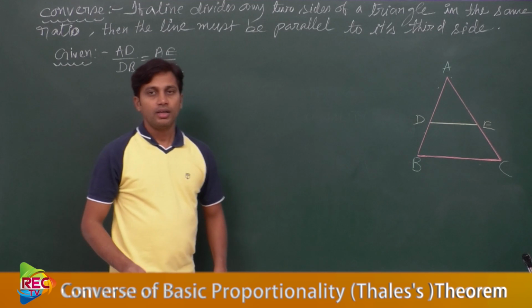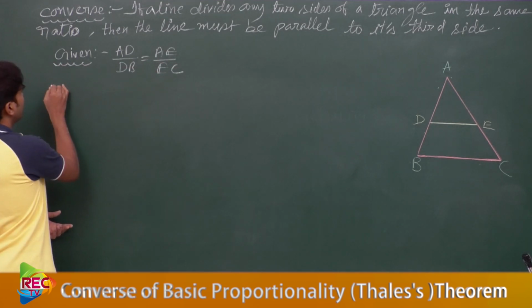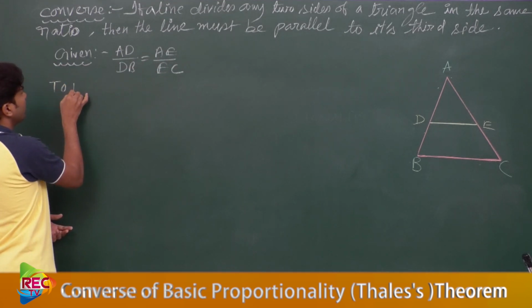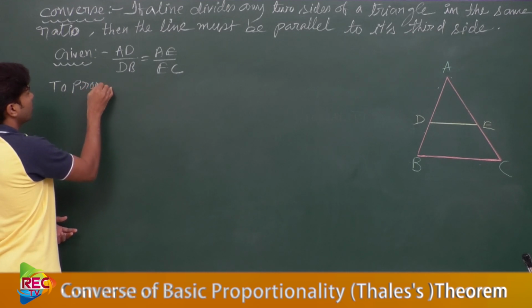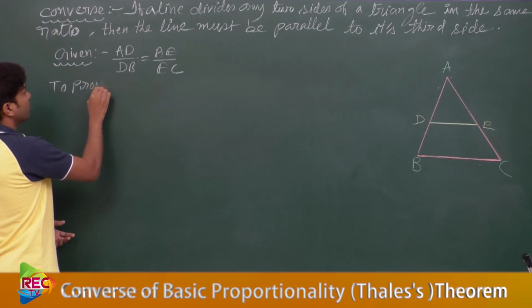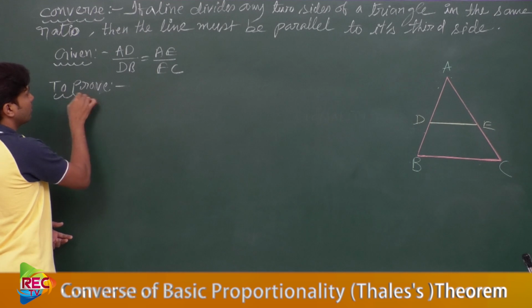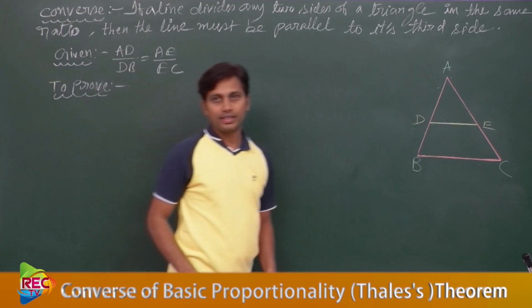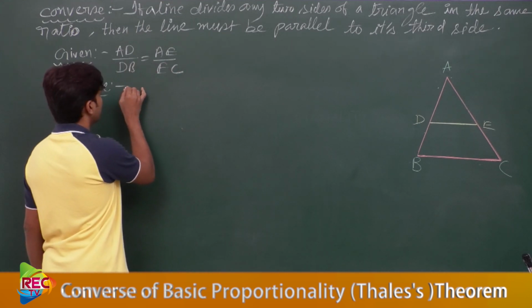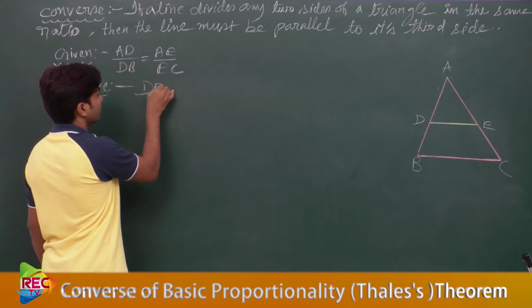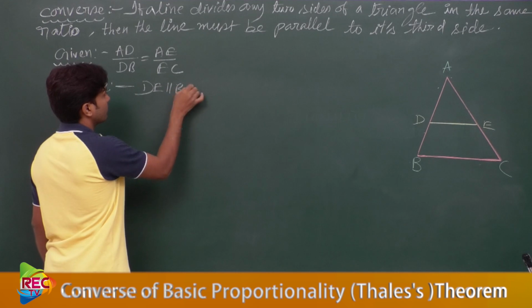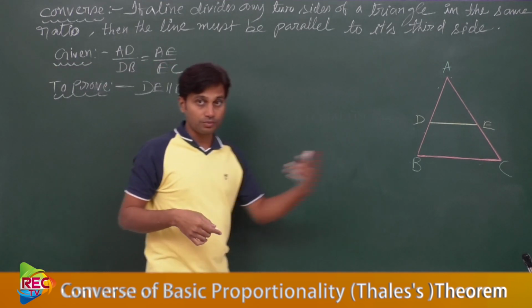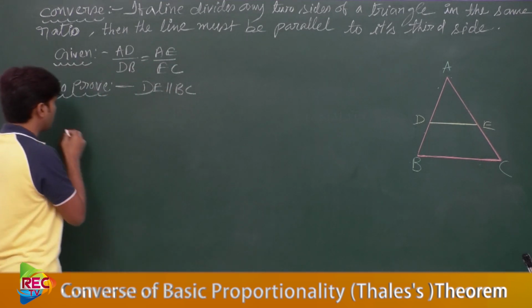This is given. Now what is to be proved? We have to prove that DE is parallel to BC. In reverse order we are coming now. Now let us start writing the proof.